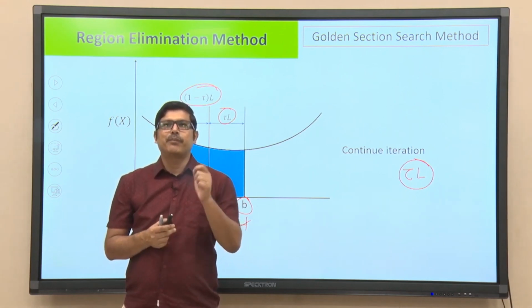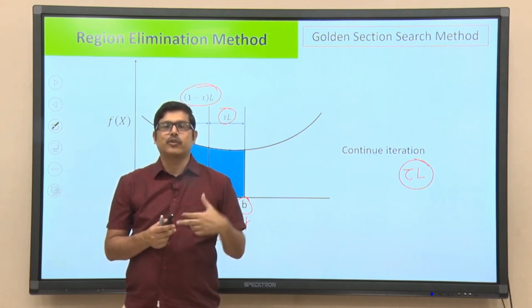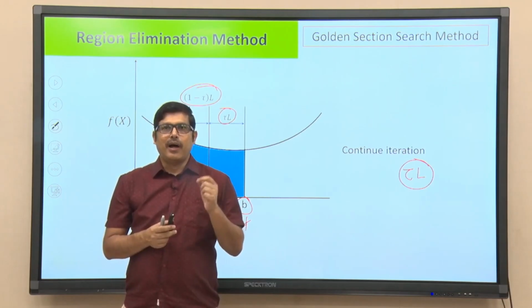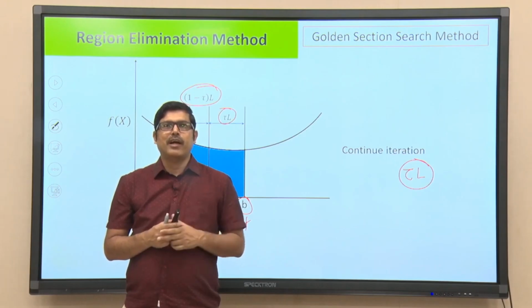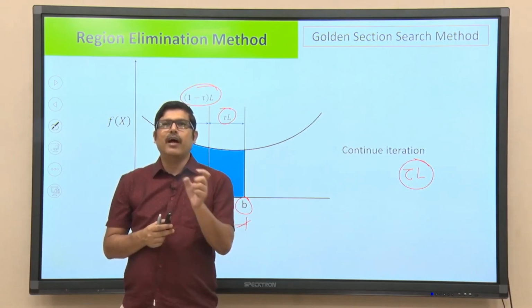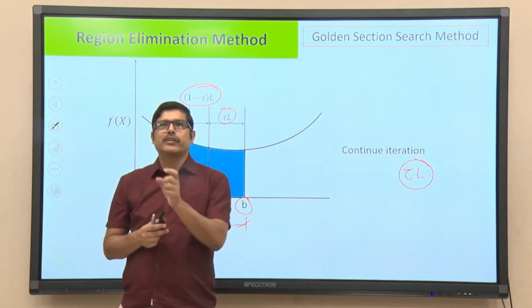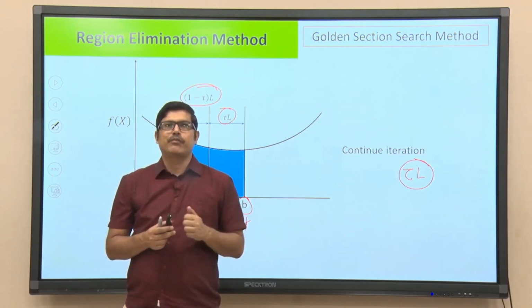I am eliminating 50% of the area in each iteration, and at the same time I need 2 function evaluations in each iteration. Therefore, the area eliminated per function evaluation is 25% in case of the interval halving method.